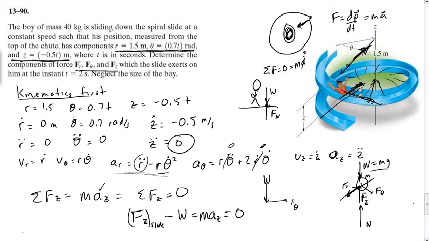So what this tells you is that the force in the z direction is basically just equal to W. So force Z of the slide is equal to W, which is 40 kilograms times 9.8 meters per second squared. And so that's equal to 392 newtons.